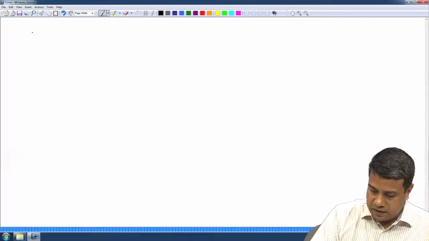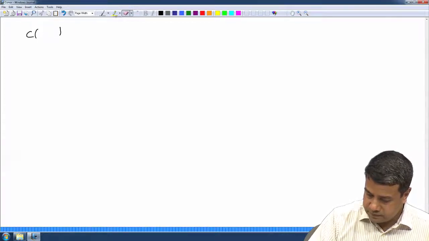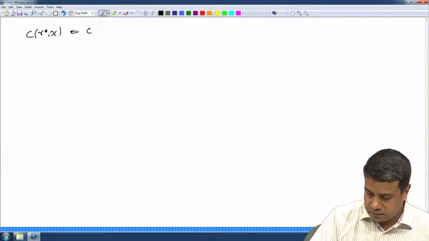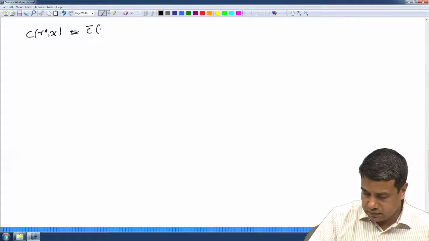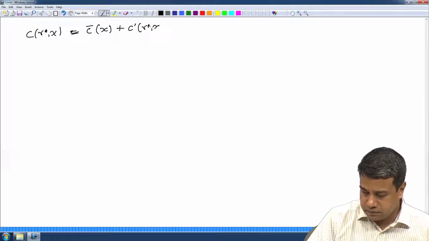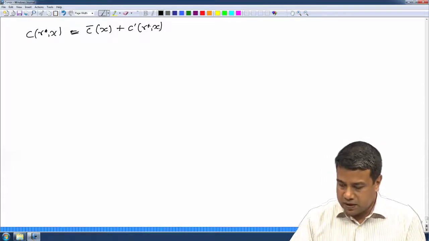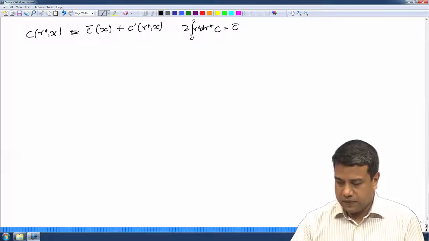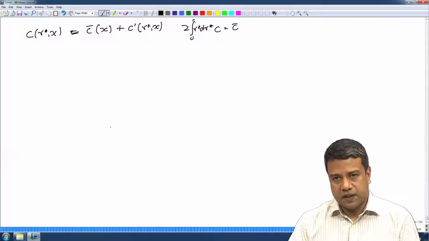So, therefore, I have written C of x and r star as C bar plus C prime, with the stipulation that the average, 2 integral 0 to 1, is the average.